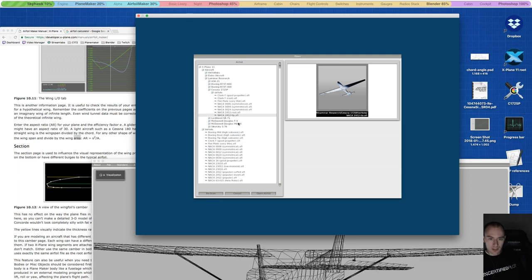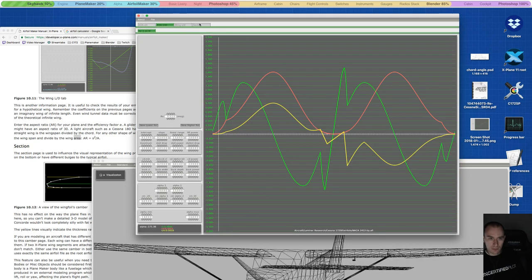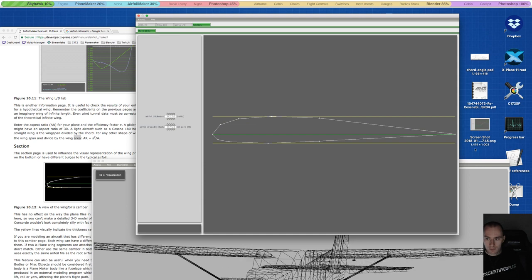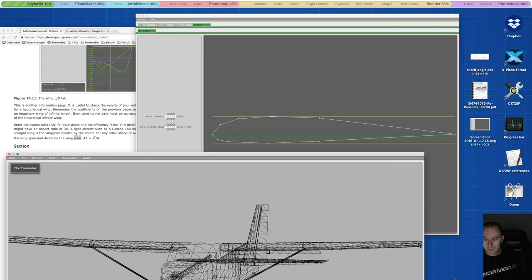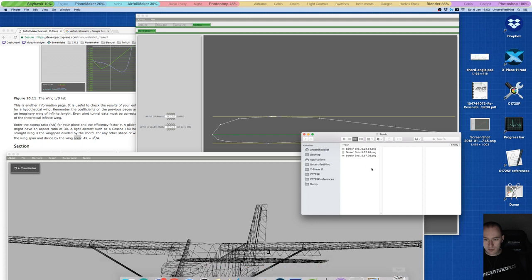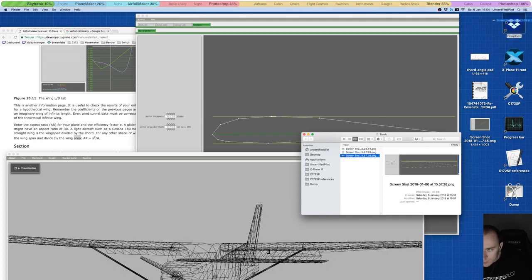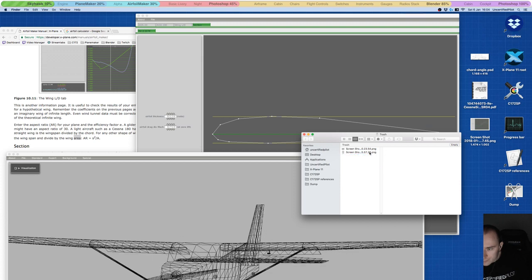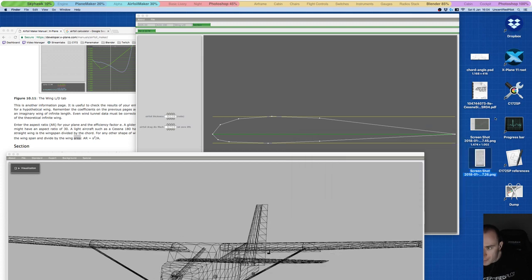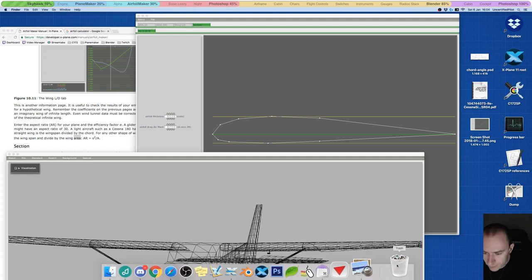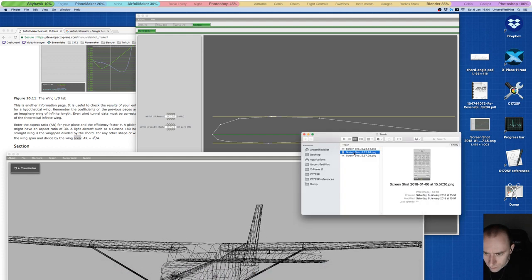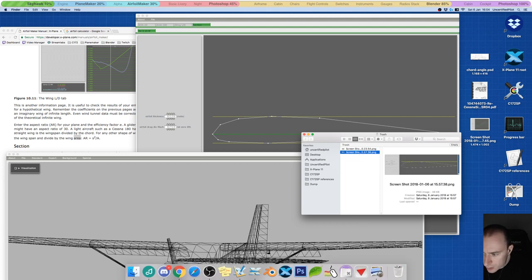Let's also load up the tip one, airfoil section. Yeah, why did I throw those away? What did I just do? That one, yes, and that one.